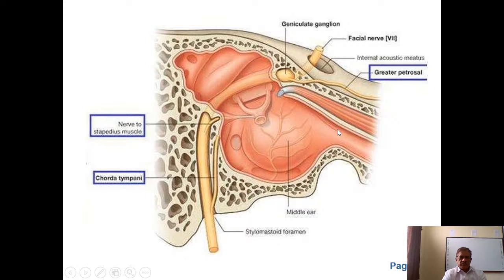That is the eustachian tube, the tensor tympani muscle, the facial nerve, the horizontal semicircular canal, and then you have the promontory, and you have the round window. That's the oval window covered by the footplate of the stapes, and that's the round window.